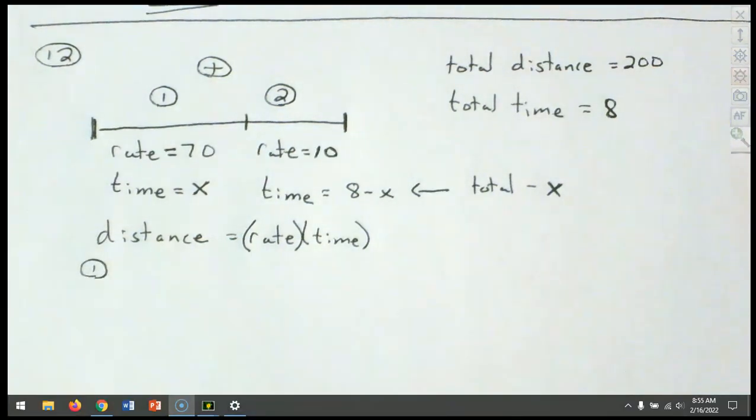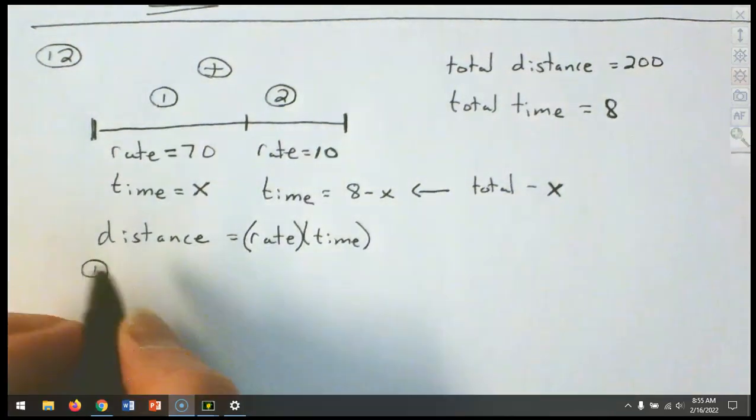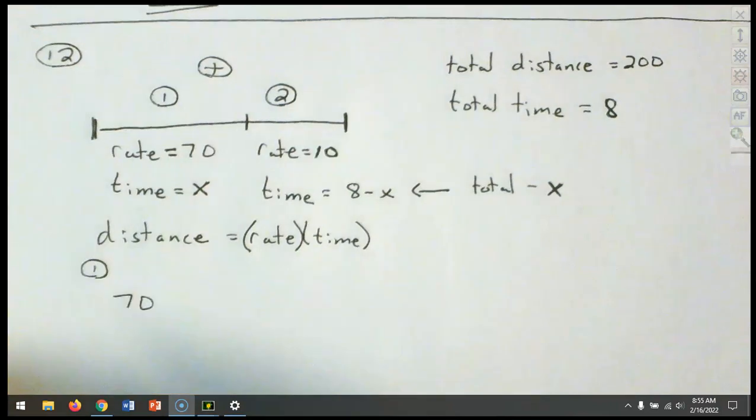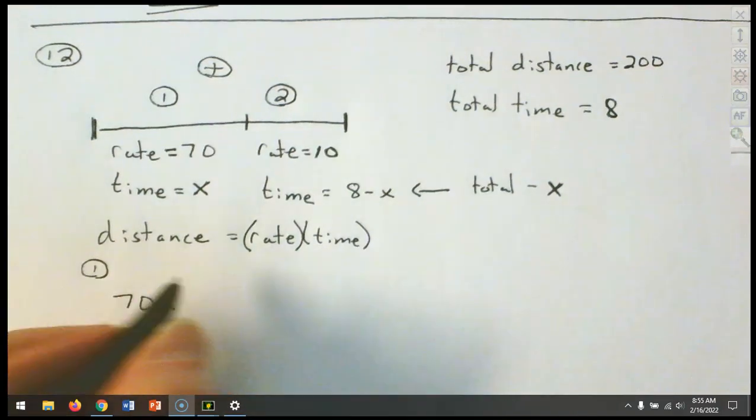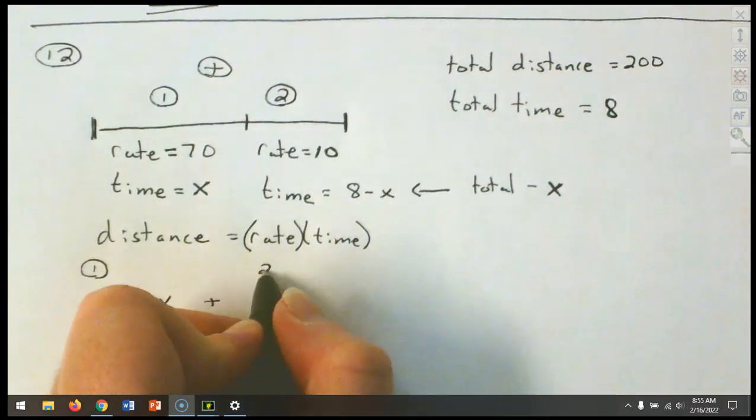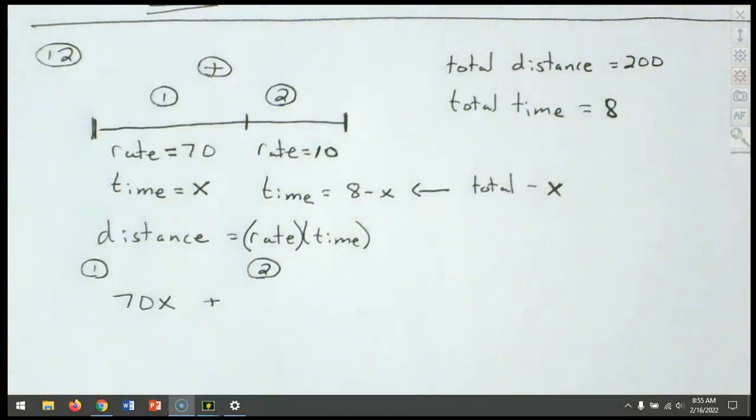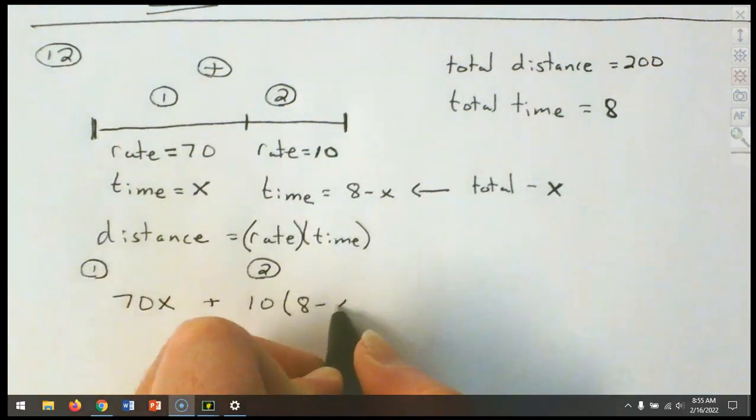Our first one. Rate of speed is 70. Unknown amount of time, x. Second one. 10 miles an hour. Time, 8 minus x.